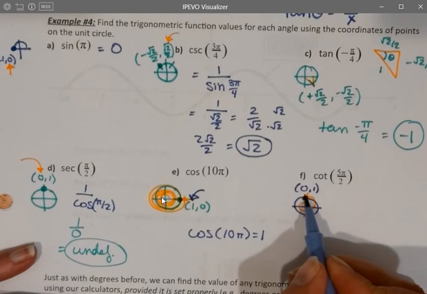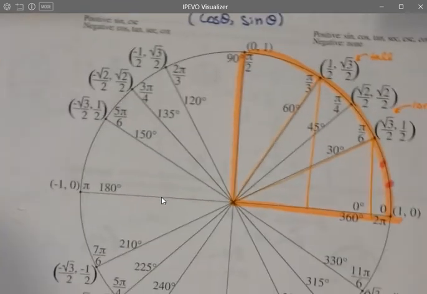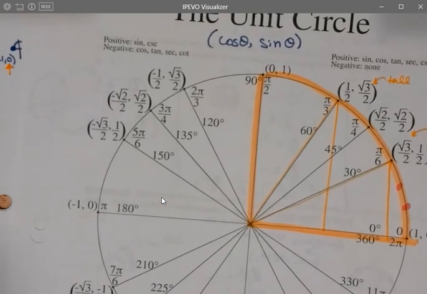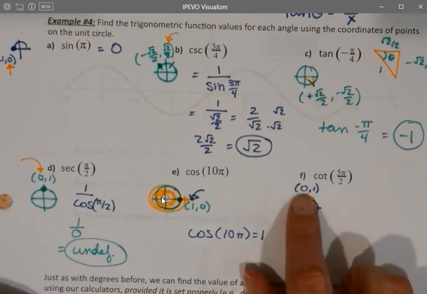Counting halfway to pi each time. Again, you're not going to see 5 pi halves on the unit circle. You just see pi halves, but it's coterminal with that angle. All right, and then the cotangent value is the reciprocal of tangent. So instead of it being y divided by x, it's x divided by y, and so it's going to be 0 divided by 1.